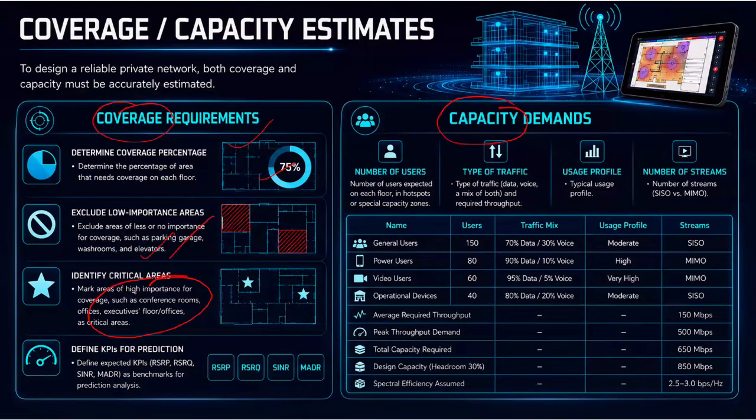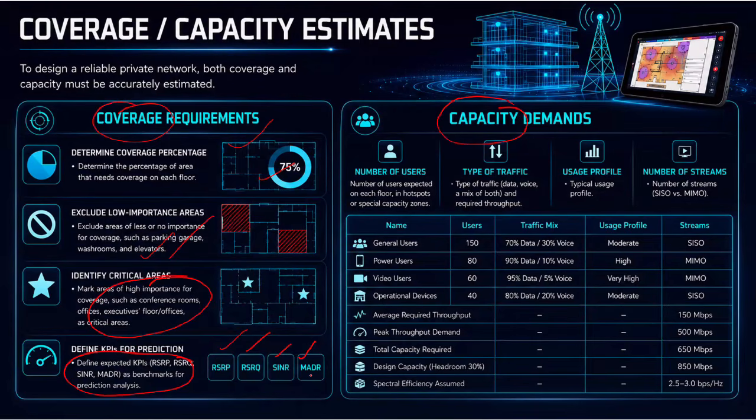The next step is defining our RF performance targets, or the KPIs. For example, we may define target values for RSRP, RSRQ, SINR, and the MADR, minimum acceptable data rate. These become our design benchmarks. Later, when we create the RF prediction in the planning tool, we can compare our predicted network performance against those targets.